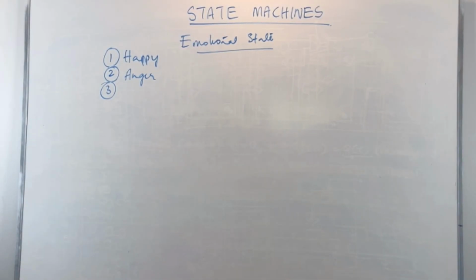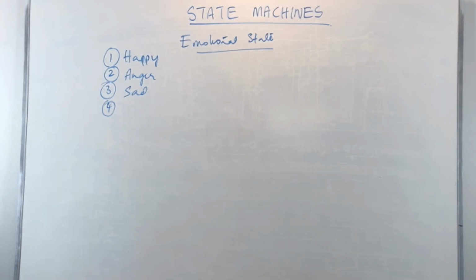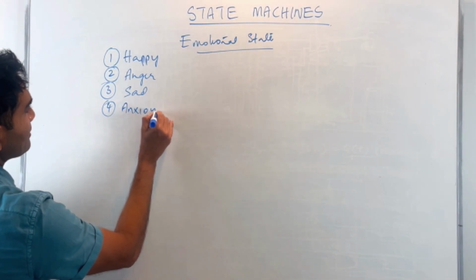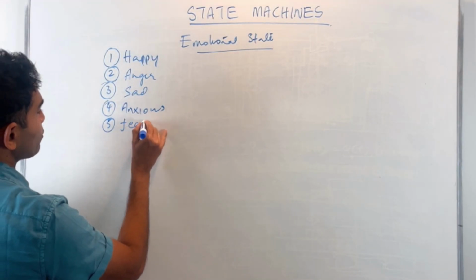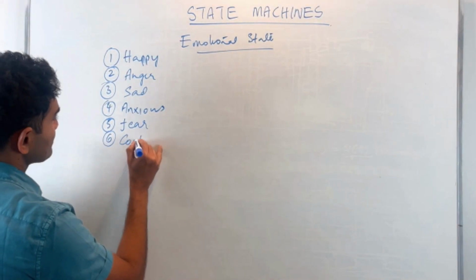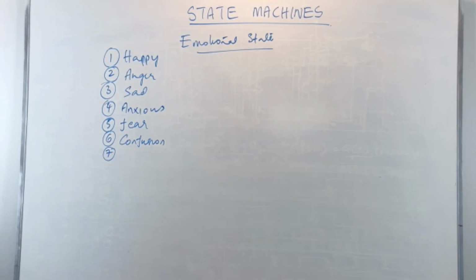Anger, sad, sad, yeah, got sad. Anxious, okay. That's a state. Fear, I'll take that. Fear is an emotional state. Confusion, yes. That's 7 so far. Inspired.